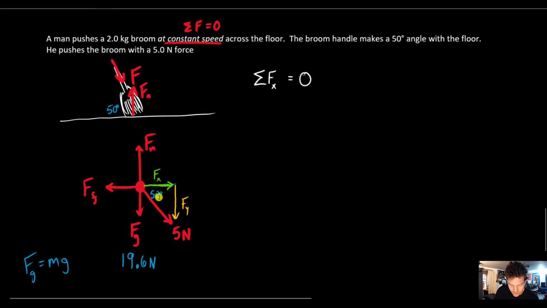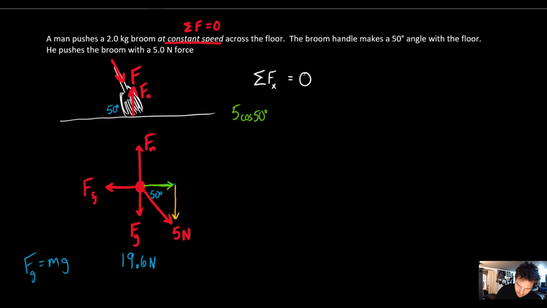And that is adjacent to my 50-degree angle. So if it's adjacent to my 50-degree angle, that means I'm going to have 5 cosine of 50. Let's write that on there. This is 5 cosine of 50. And this is going to be 5 sine of 50 because it's opposite of my angle.